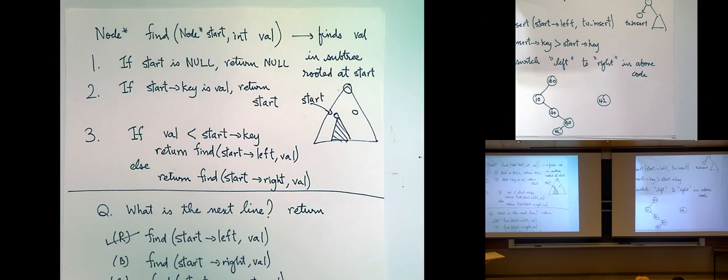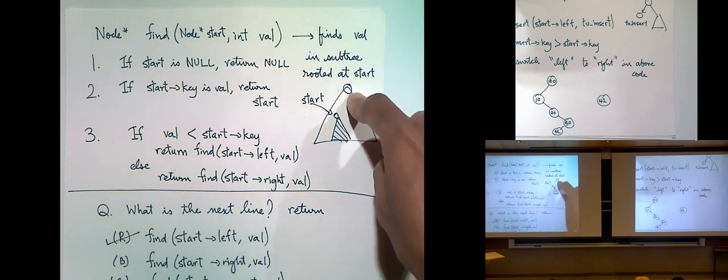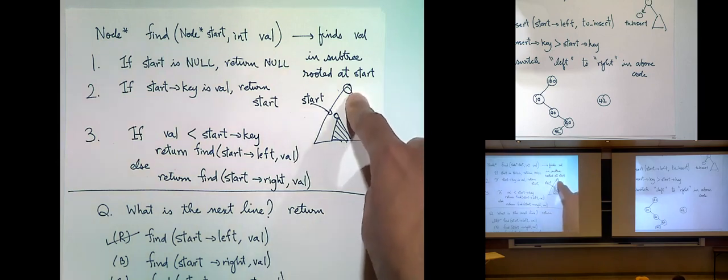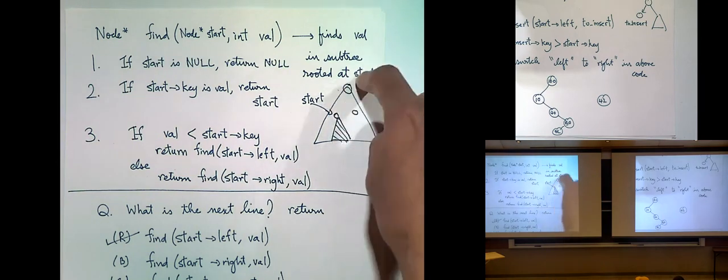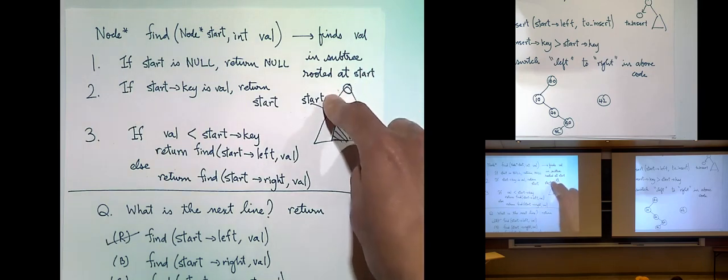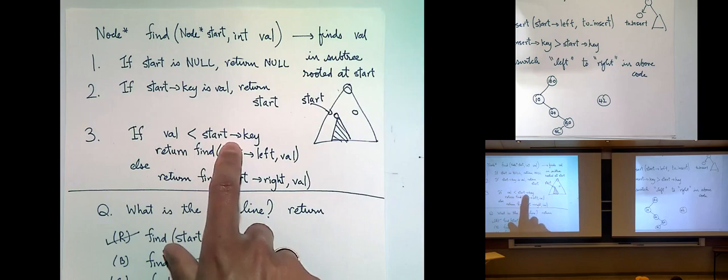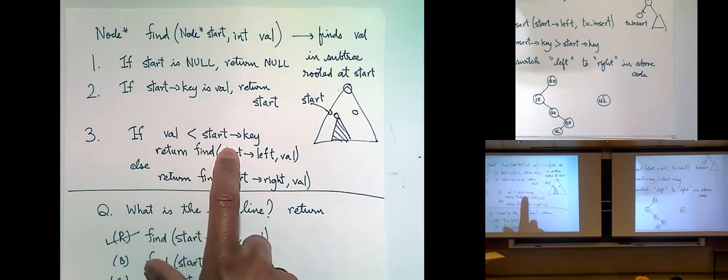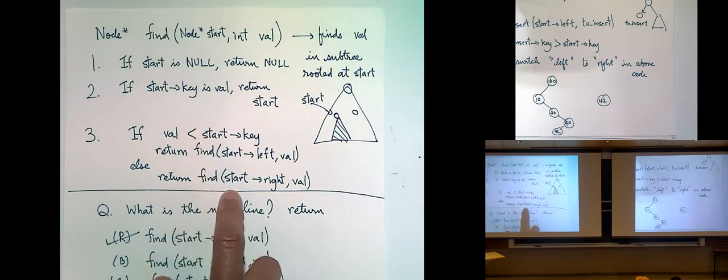Those are the only three possibilities. And if it's a descendant of the left node, then its value is smaller. And so the recursive process will find it. And if it's more, then it's a descendant of the right node, and so then the right process will find it. Does that answer your question?